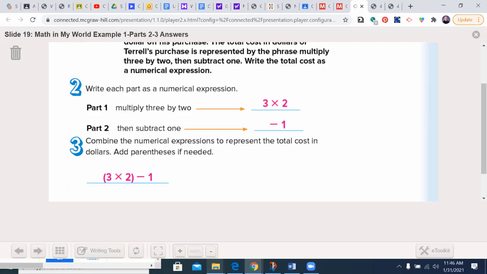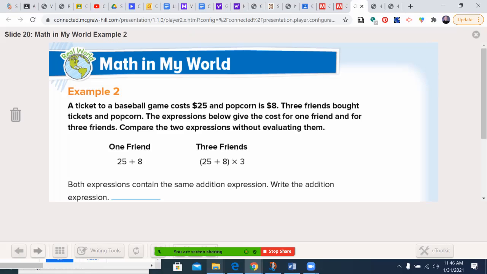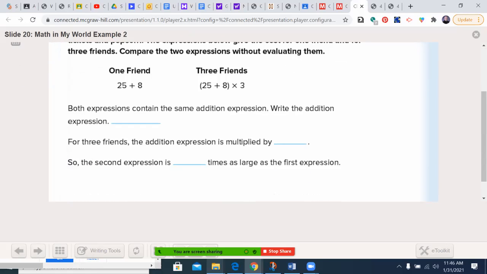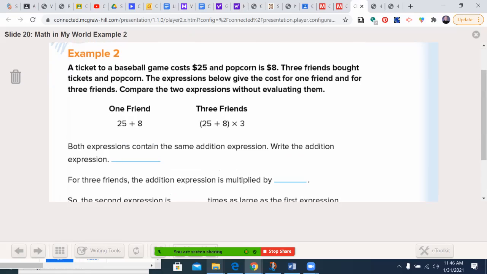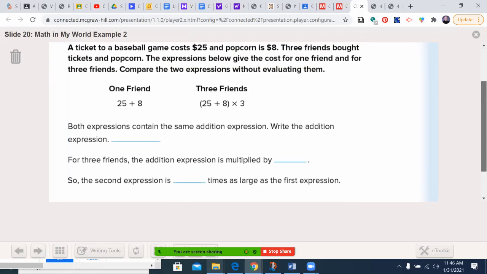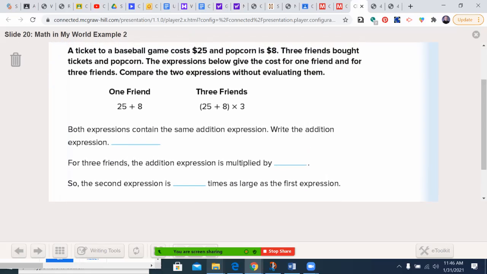All right, I'm going to go on to the next slide. Example 9, and this is at the top of page 494. A ticket to a baseball game costs $25 and popcorn is $8. 3 friends bought tickets and popcorn. The expressions below give the cost for 1 friend and 3 friends.